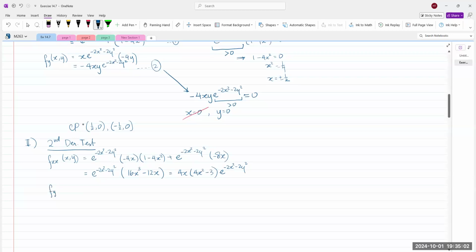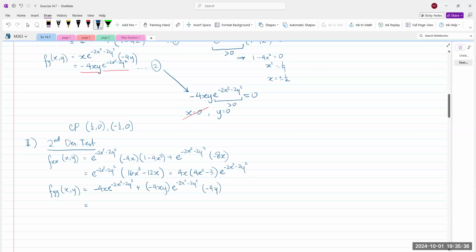f sub yy of x, y will be this guy times this guy. That will be negative 4x e to the negative 2x squared minus 2y squared, plus negative 4xy times e to the negative 2x squared minus 2y squared times negative 4y.